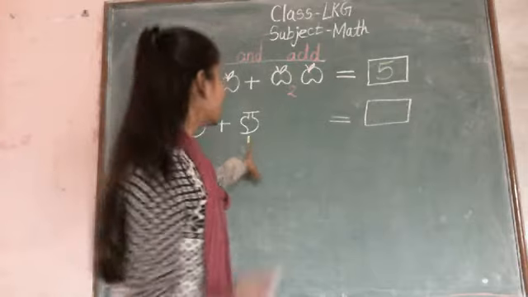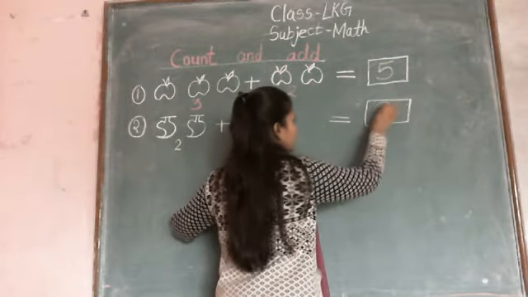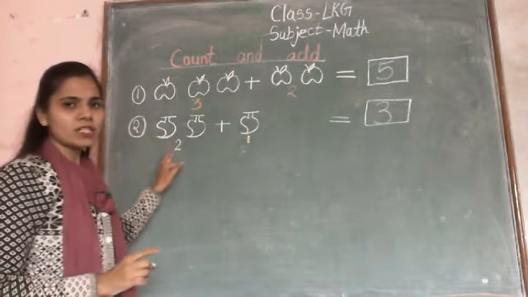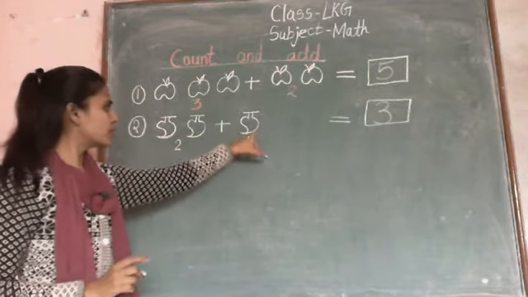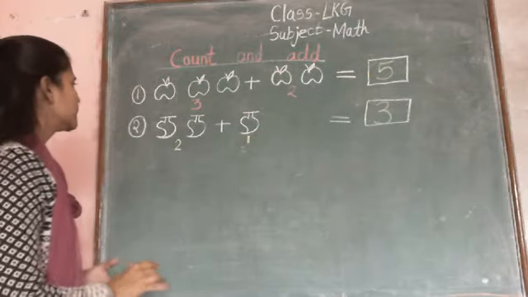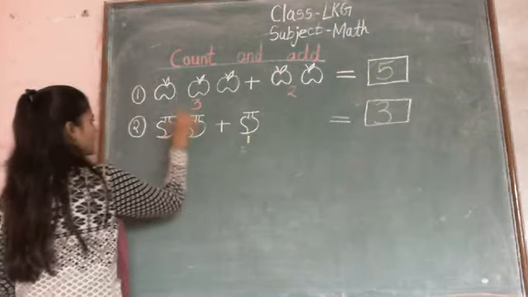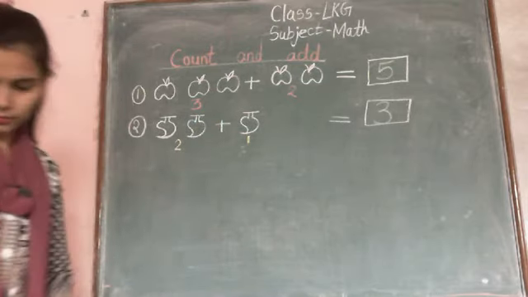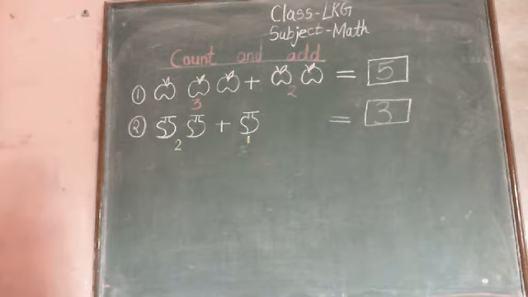Which number we will get? Number 3. So write here number 3. How many mangoes are there? 1, 2, 3. Copy from the board.